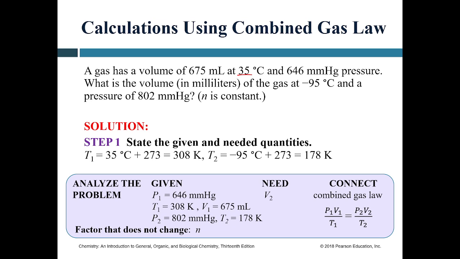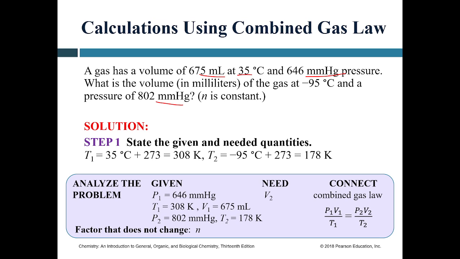Everything else just has to be the same units. So if you want milliliters out of this, you can put milliliters in this. That's fine. Okay? As long as it's the same units on both sides, it doesn't matter what the other units are. So if you want to use mmHg on both sides here, that's fine. If you wanted to use atmospheres on both sides, that's fine. Okay? Because all the units for those are going to cancel out. Doesn't matter.